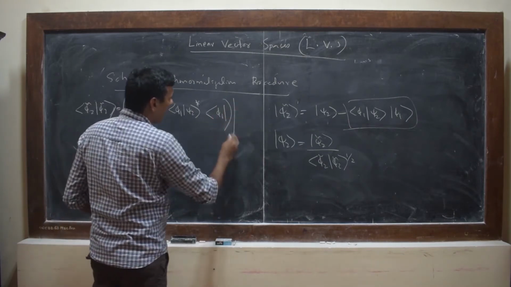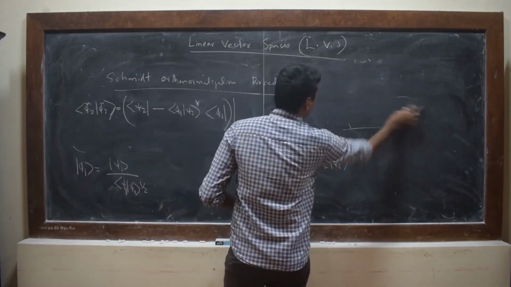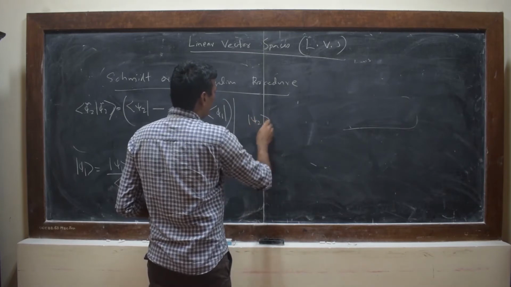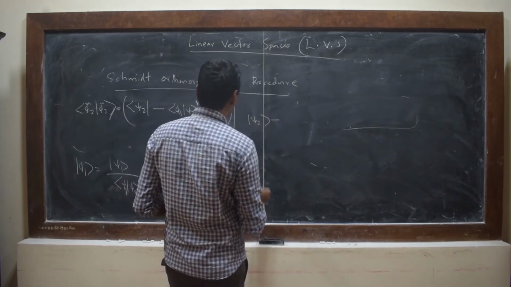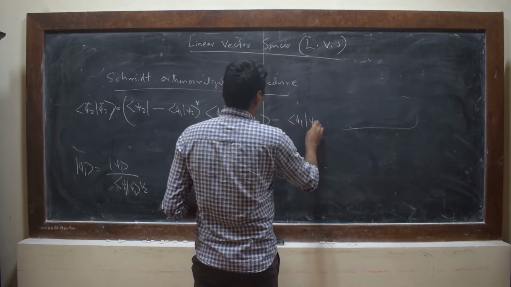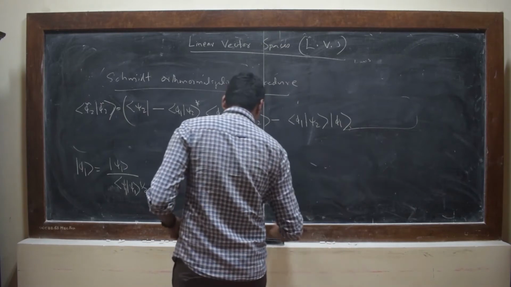And then you have to take the inner product of that with itself. So, you will get psi 2 minus phi 1 psi 2 phi 1.